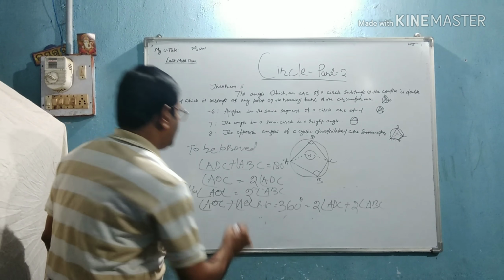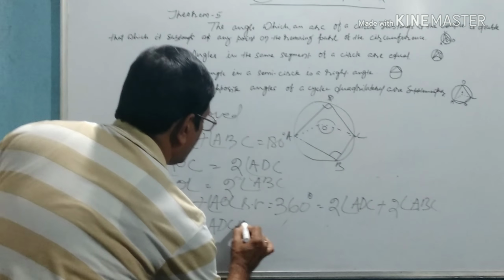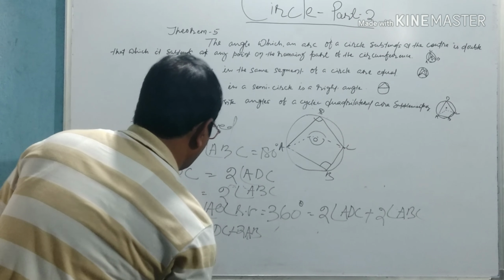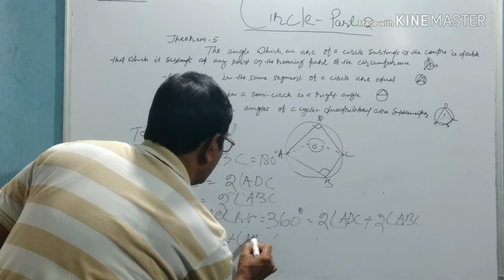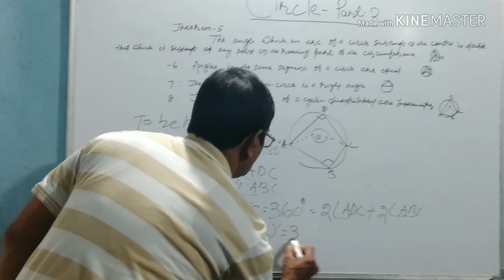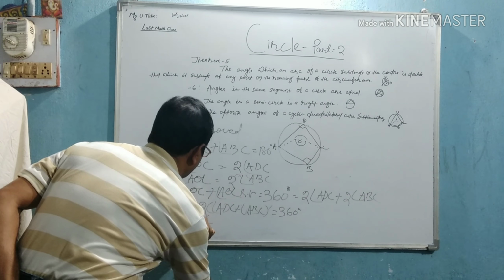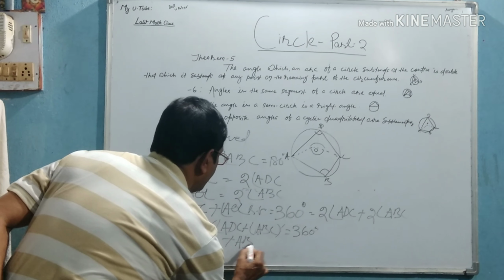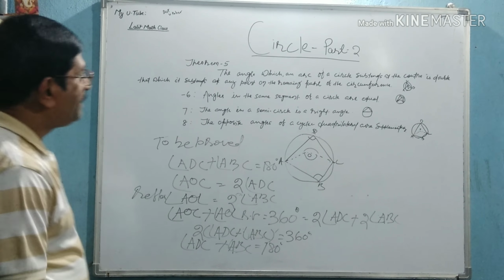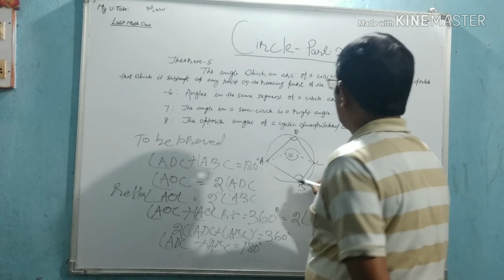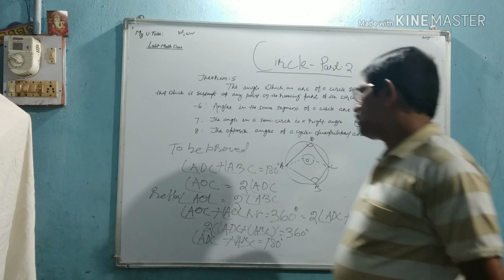Now you see, if you take 2 common, angle ADC plus angle ABC equals 180. And in a similar way, we can also prove that angle BAD and angle BCD are also 180.